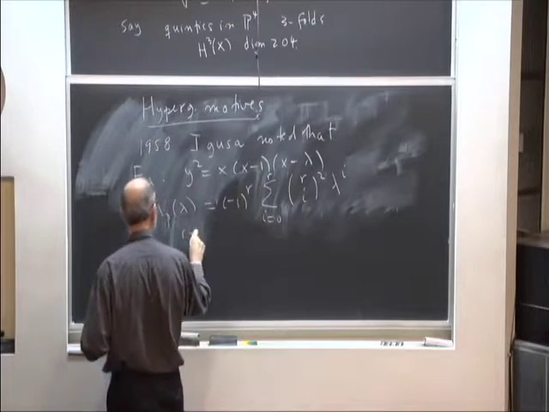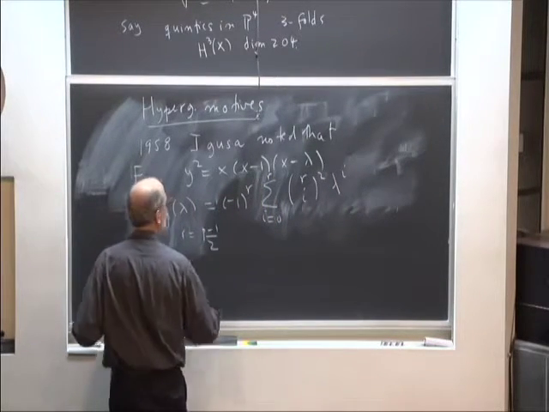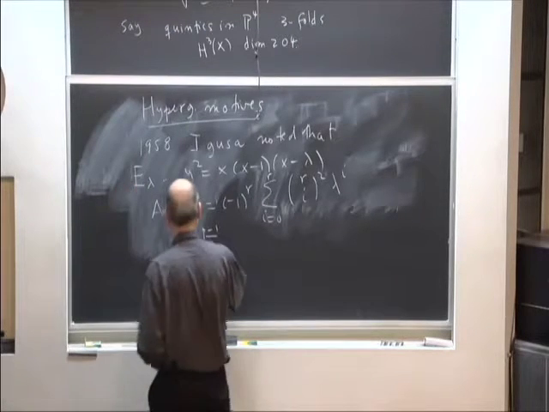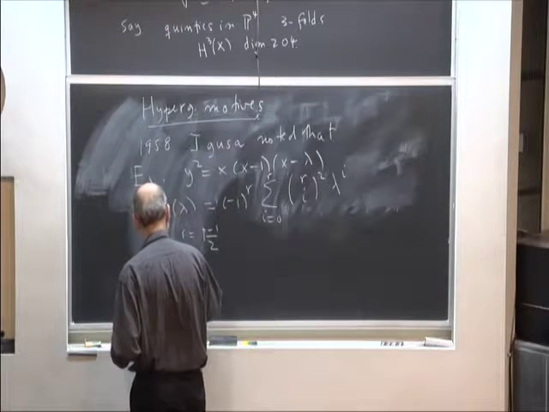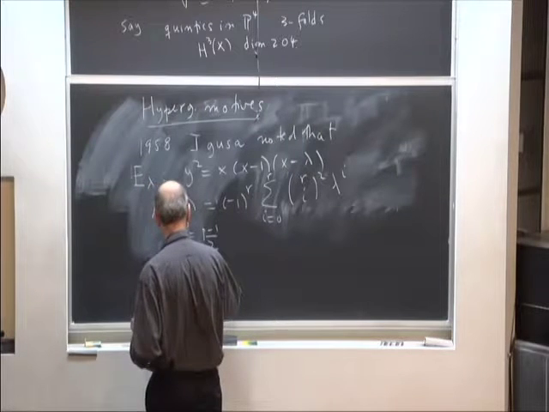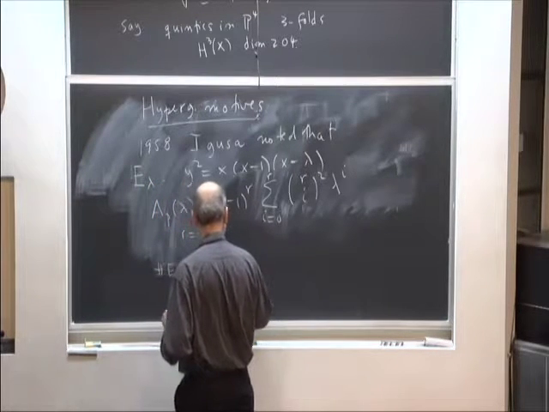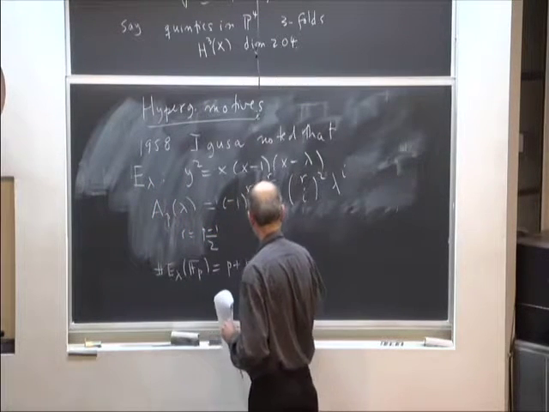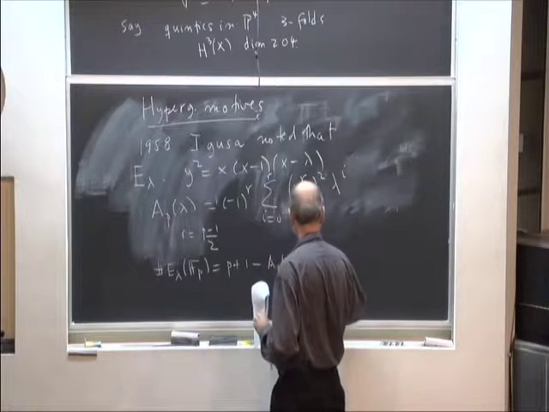Here r is (p minus 1) over 2. The number of points of this elliptic curve over F_p is p plus 1 minus a_p of lambda mod p.